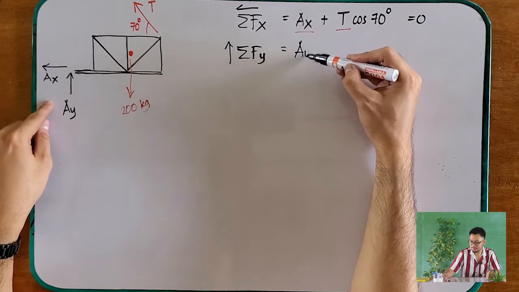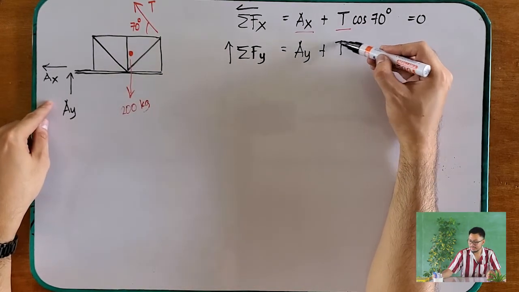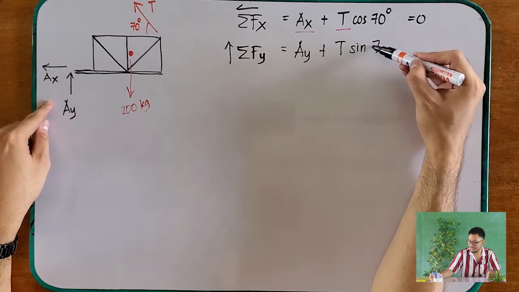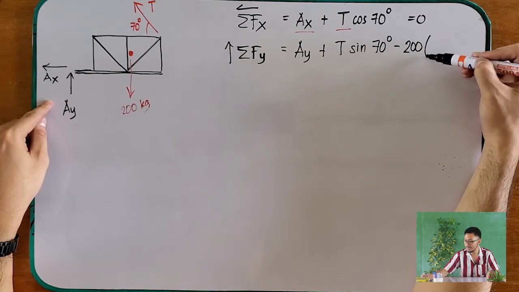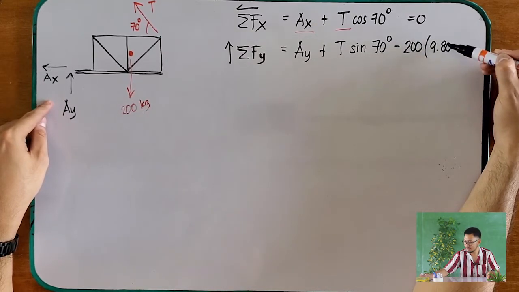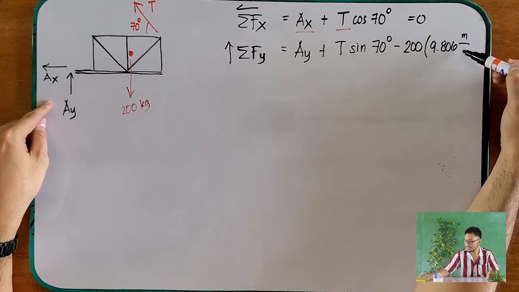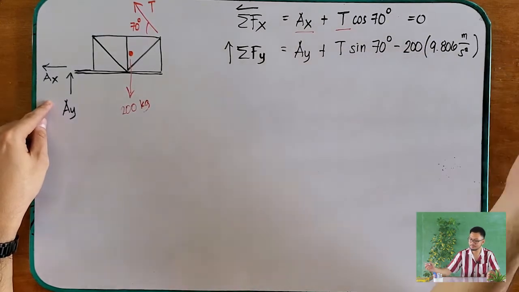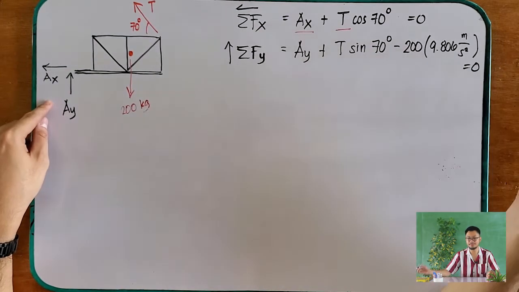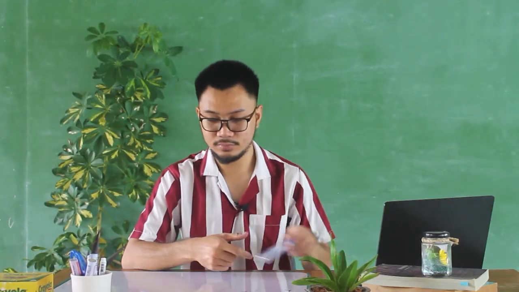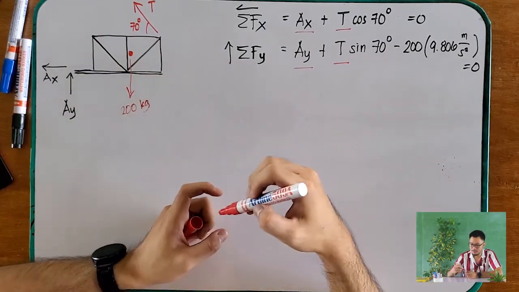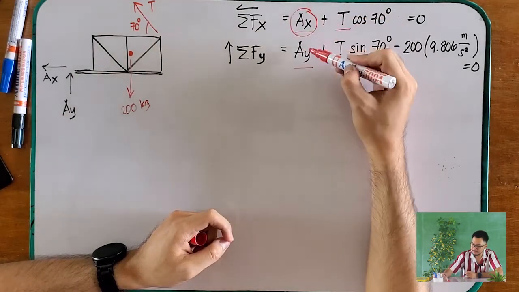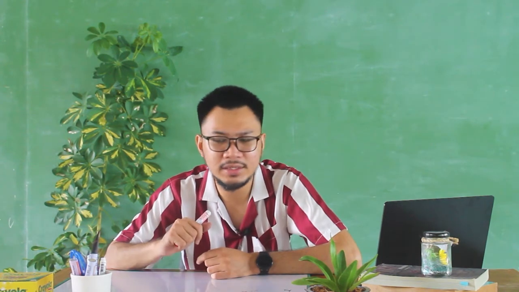Ay plus T sine 70 degrees minus 200 kilograms times 9.806 meters per second squared equals to 0. We still have two unknowns in this equation. How many unknowns do we have? One, two, three. So remember that if we have three unknowns, we should also have three equations.